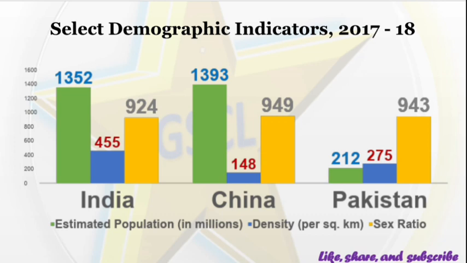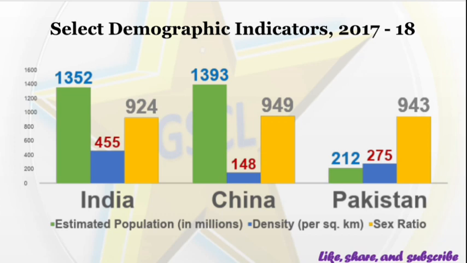Next, the blue bar indicates the density of population. It refers to the number of people residing in per square kilometer of a country. It is arrived at by dividing population by land area.